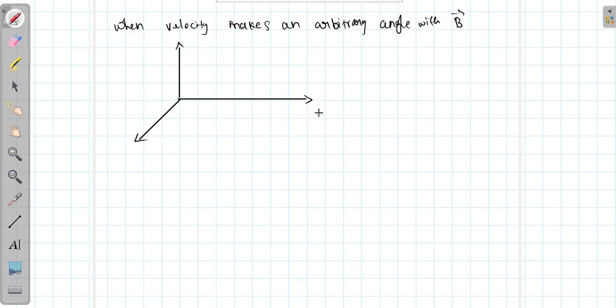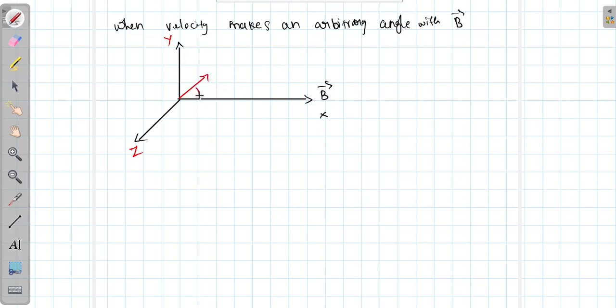Here in the x-axis, we have the magnetic field, pointing in the x-axis. And the charged particle is entering in the xy plane, and this one is the z axis.